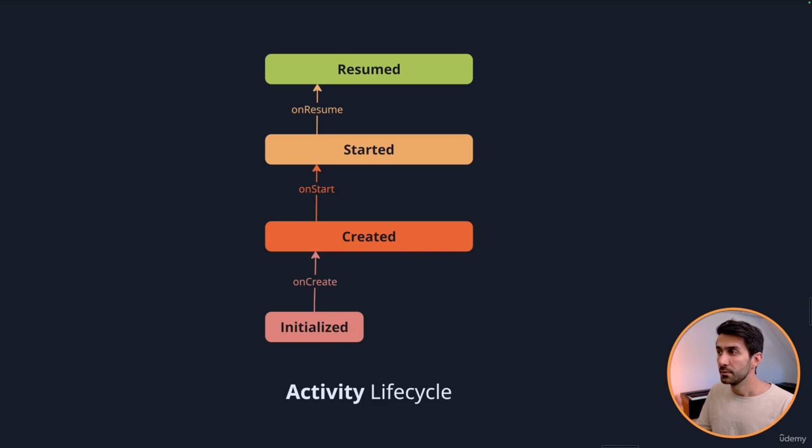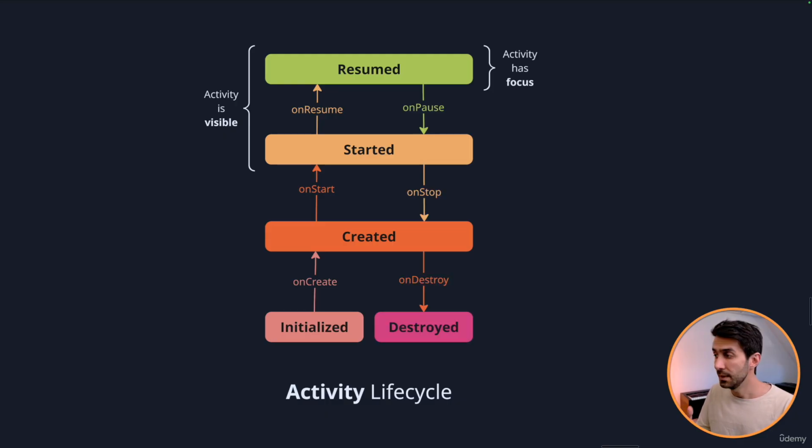This is where the activity is visible to the user and is ready to be interacted with. And at some point, the activity is paused, stopped, and then destroyed. And that's where the life cycle of the activity finishes, which also means you won't see the activity anymore.